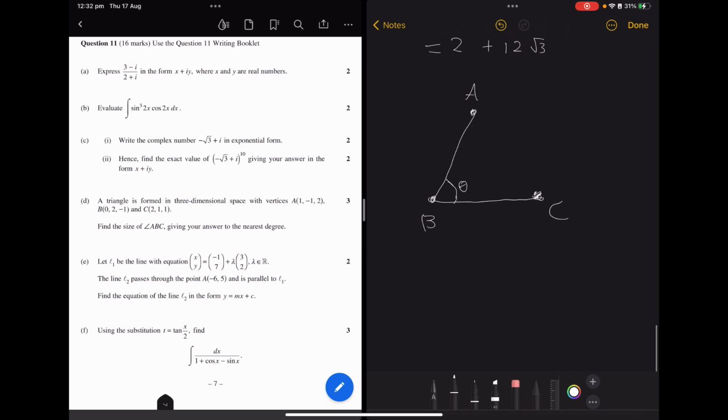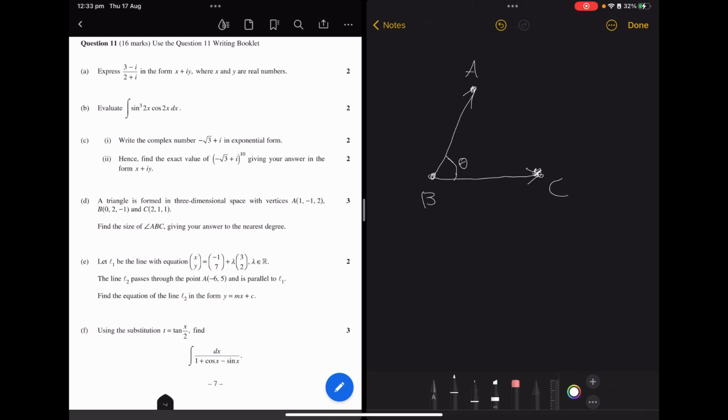When you see vectors and an angle between two vectors, I want you to immediately think of the dot product, because when you have a dot product, an angle can pop out. Looking at the vectors, we want to use these two probably, BA and BC.